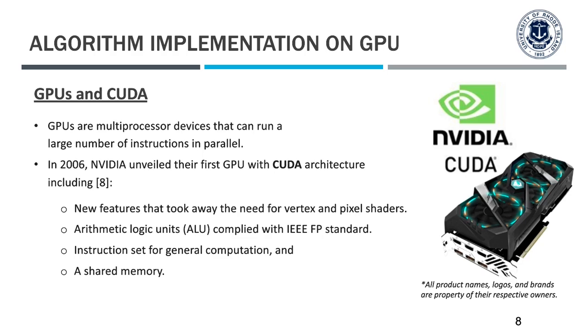Many GPUs were developed even before 2006, but in 2006, NVIDIA unveiled their first GPU with CUDA architecture, which included new features that took away the need for vertex and pixel shaders that were used in graphics programming. Also, arithmetic logic units, ALUs, complied with the IEEE floating point standard, with an instruction set for general computation, and shared memory.